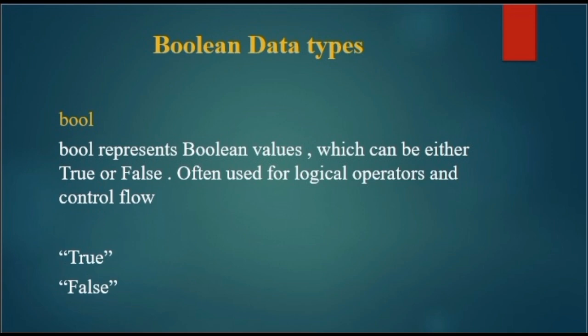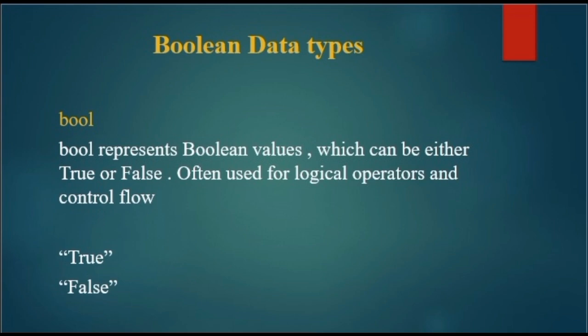Boolean values are often used in logical operations and control flow, meaning they help decide what happens next in the program. Here, the slide explains that in many programming languages, Boolean values are represented using the keyword bool. This means when you write code, you can use a bool to store true or false values.